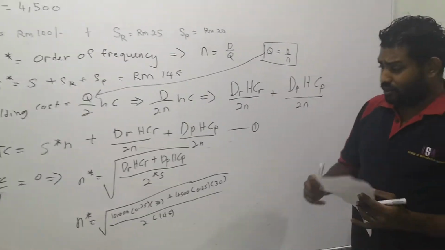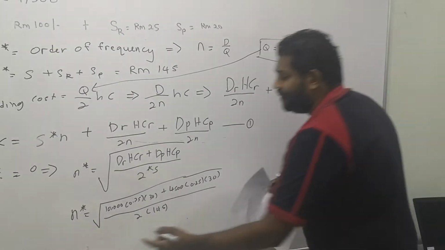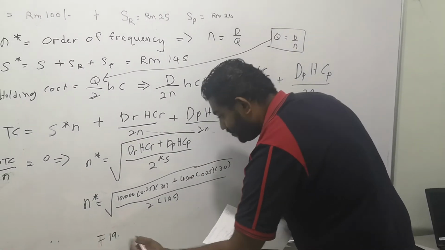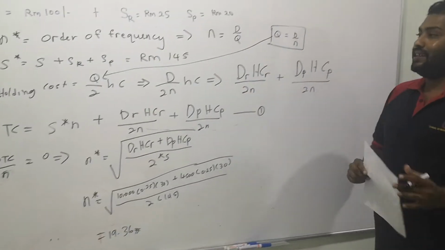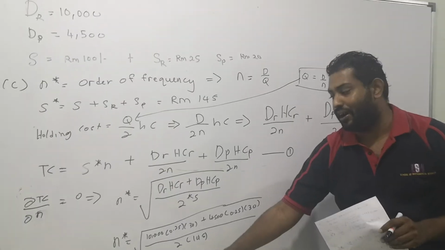Here, remember we need to include both types of coffee, which will give you the optimal N of 19.36. So it means the optimal order frequency is 19.36.